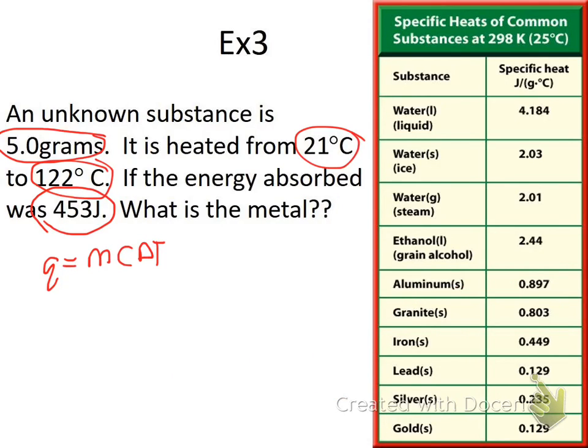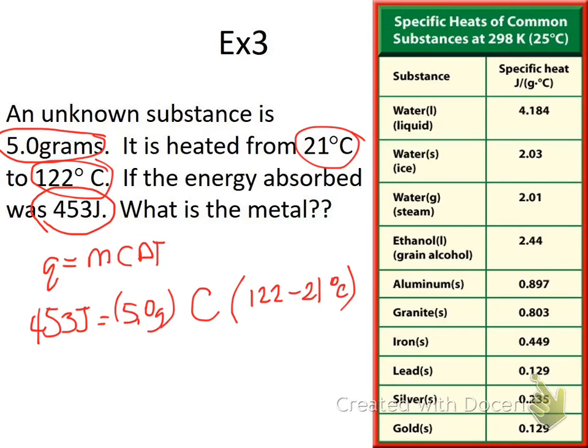Alright, so let's plug in some values. We have a Q value of 453 joules. We're going to set this equal to 5.0 grams. Our specific heat is unknown, but we do have a delta T. Our delta T here is going to be 122 minus 21 degrees Celsius. And to solve for C, we're going to divide both sides by 5 grams.